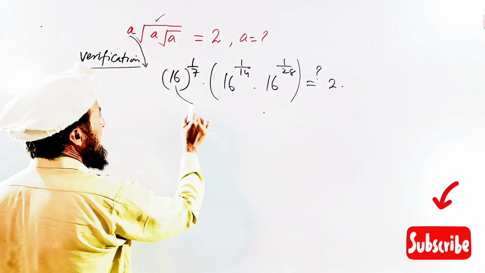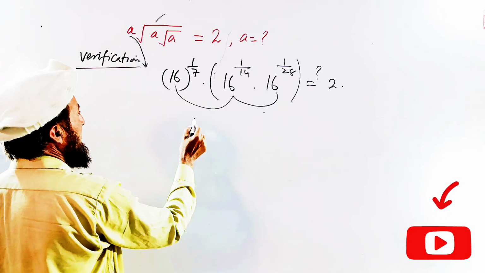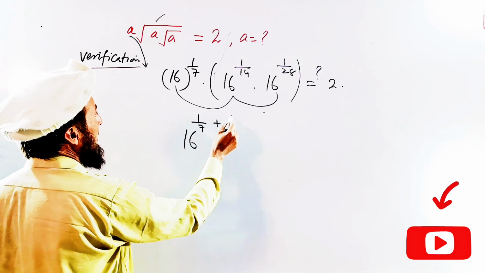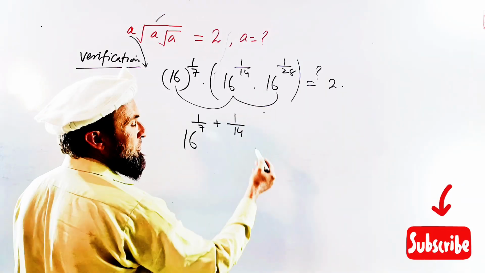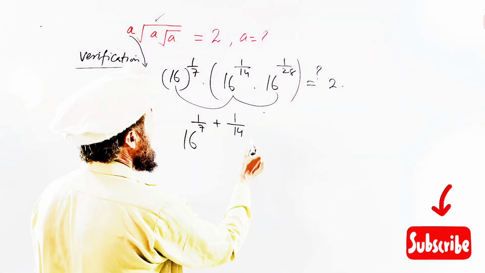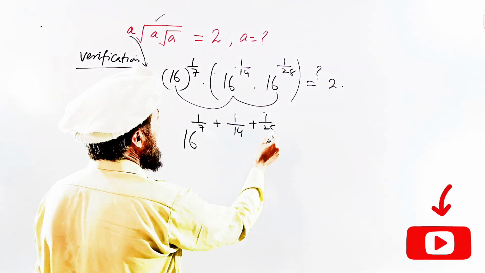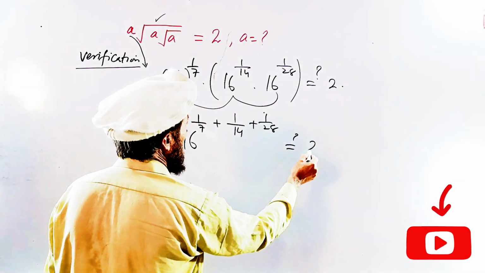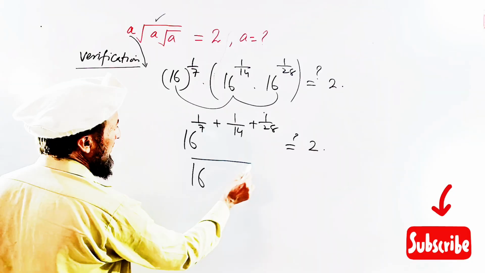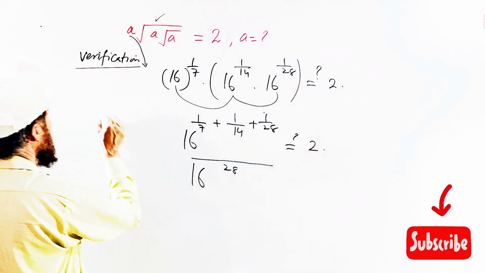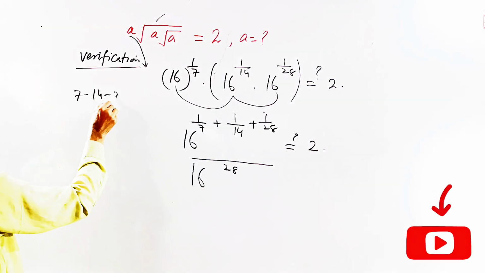We take one base from each, and according to the product rule, when the bases are the same, we add their exponents: 1 by 28 is the question mark 2. Now we take the LCM of 7, 14 and 28.